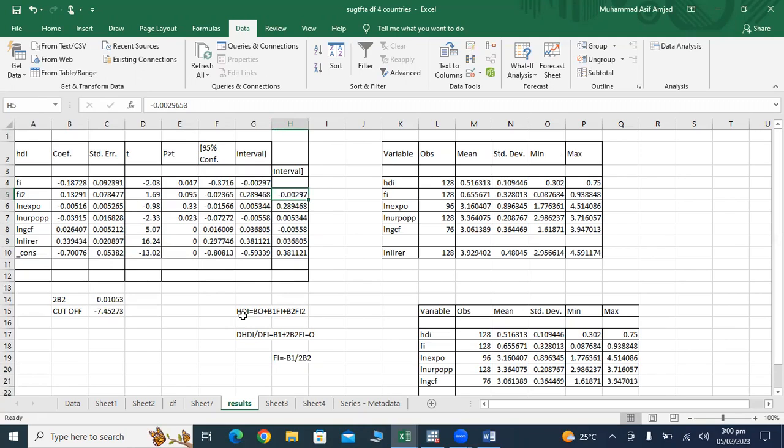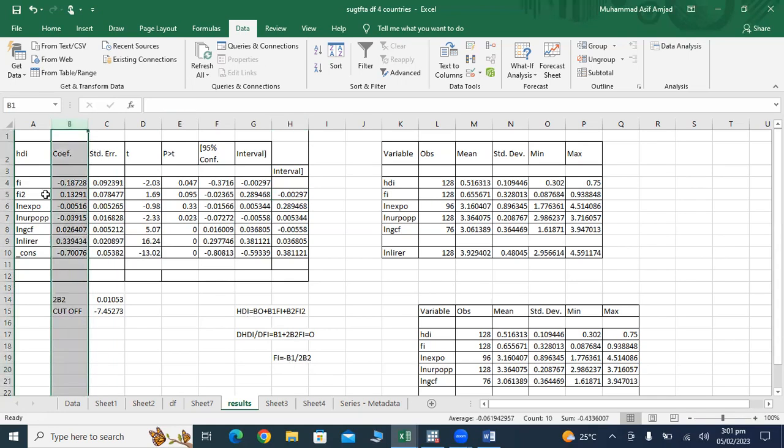To find the cutoff value, we take the partial derivative with respect to financial inclusion and equate it to 0. So beta 1 plus 2 beta 2 FI equals 0, and financial inclusion is minus beta 1 over 2 beta 2.